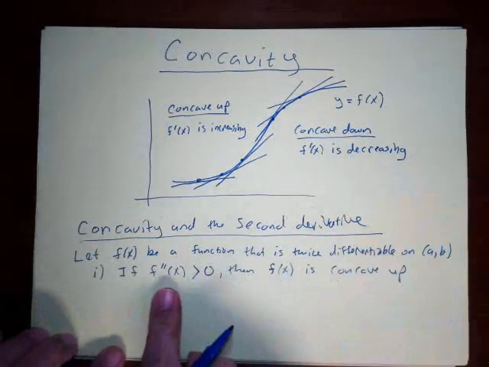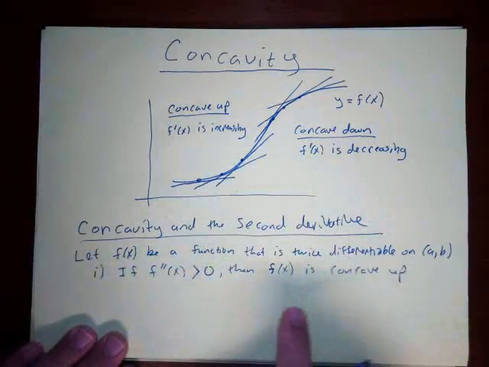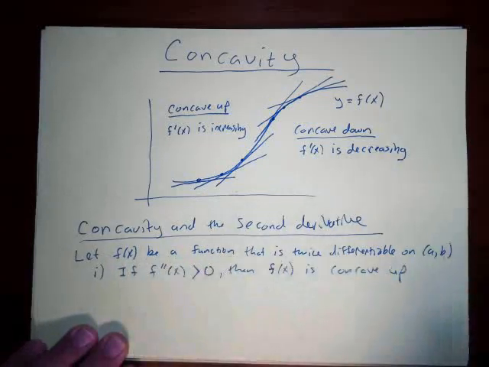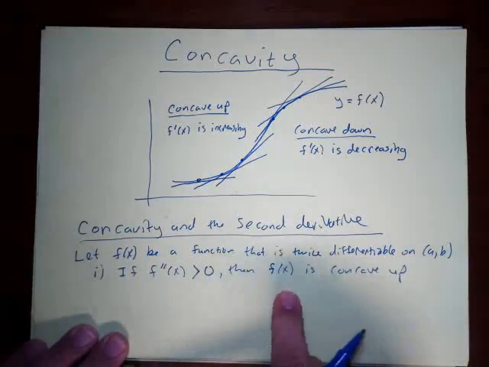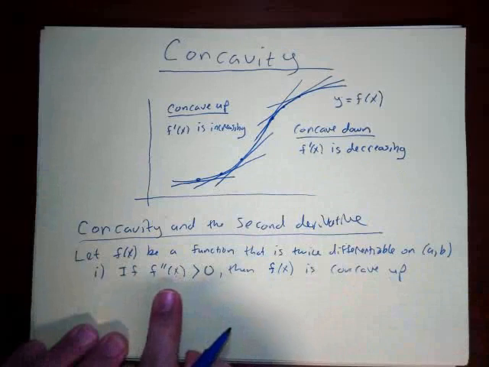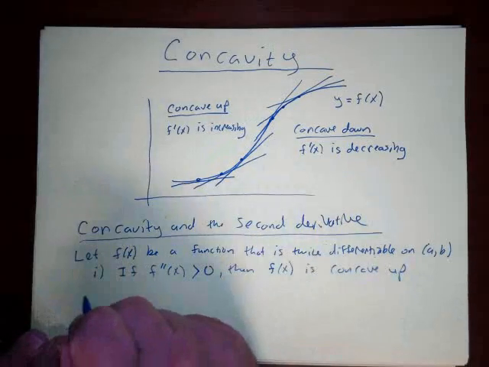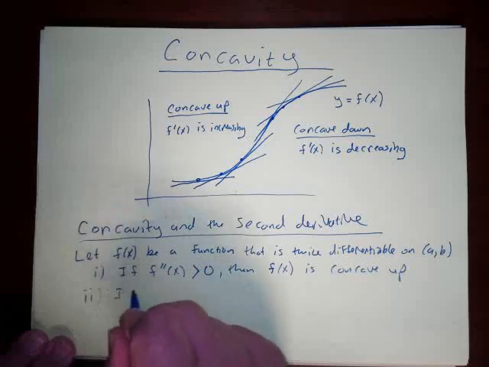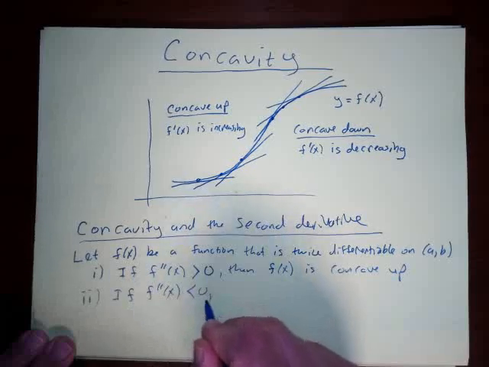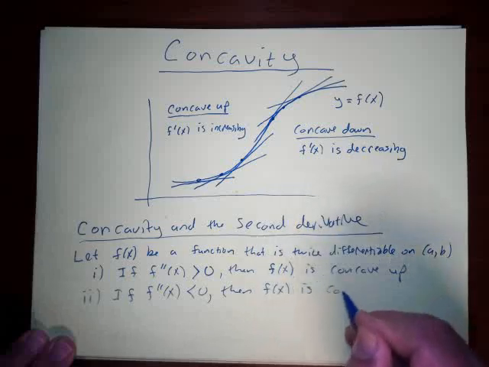If the second derivative is greater than 0, you could say that the first derivative is increasing, but you could also say when the first derivative is increasing, the original function is going to be concave up. So I'm kind of skipping that middle step. If the second derivative is greater than 0, then the graph is concave up. And if the second derivative is less than 0, then f of x is concave down.